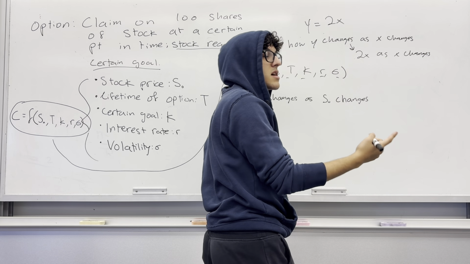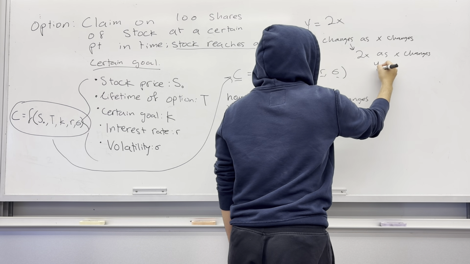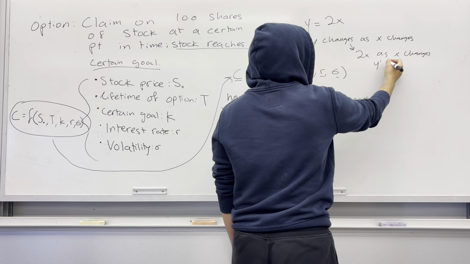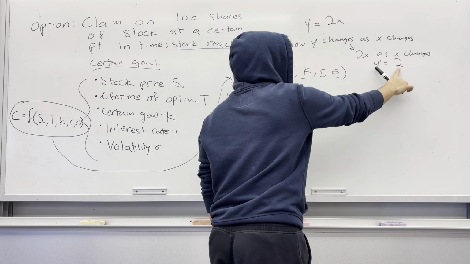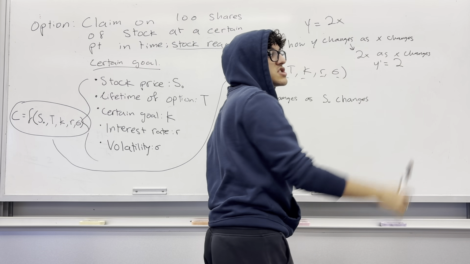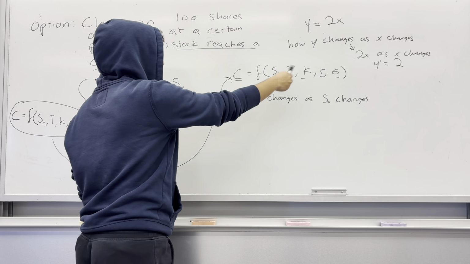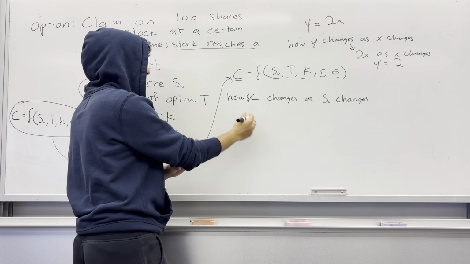So y doubles every time x changes. So we would say the derivative, this is like the derivative sign, is equal to 2. So y changes by 2 as x changes, pretty much. Same concept here, except on a wider scale, but it's not too complicated.